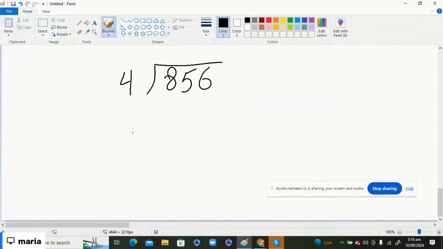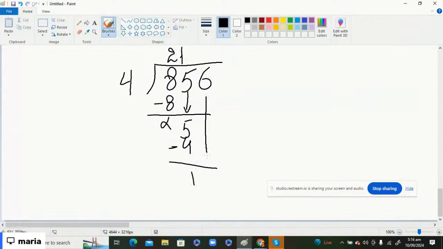Okay, here the subtraction is nothing. So let's put down this 5. 4 times 1 is 4, then 5 minus 4 is 1, putting down this 6. 4 times 4 is 16.